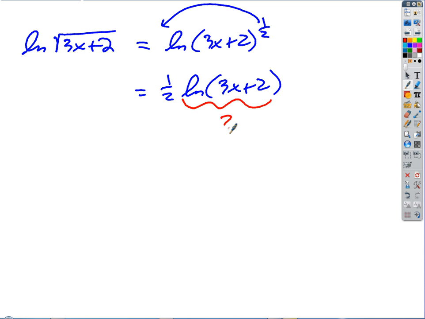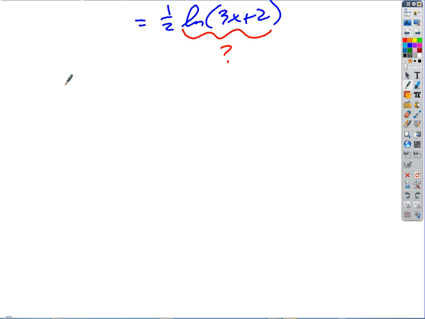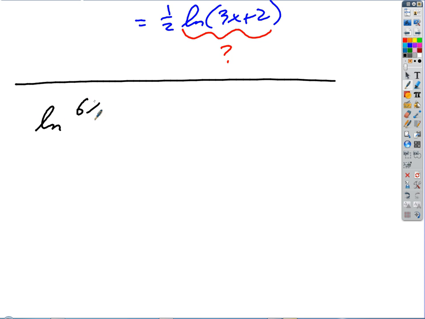Okay, how about this one? It seems really simple, but be careful with this. You do a product. Good, because there really are three factors there, aren't there? 6 and x and 5, right?